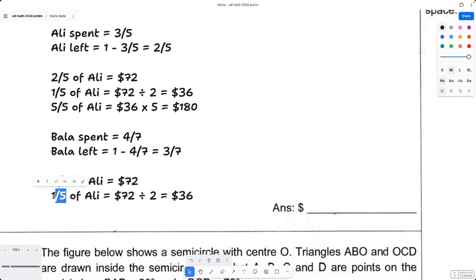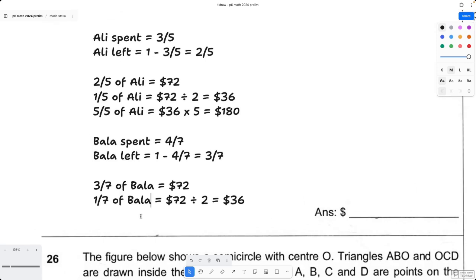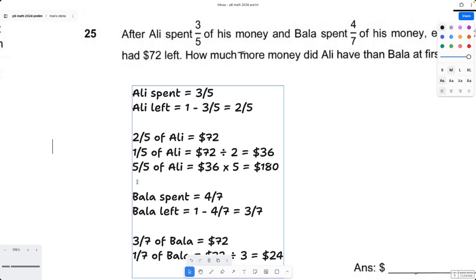This is 1 out of 7. Then Ali becomes Bala and Bala, right, like this. Okay, so 3 out of 7 is 72. 1 out of 7 is 24. Okay, yeah. So 72 divided by 3 is $24. So let me just double confirm with this. Okay, so 72 divided by 3.